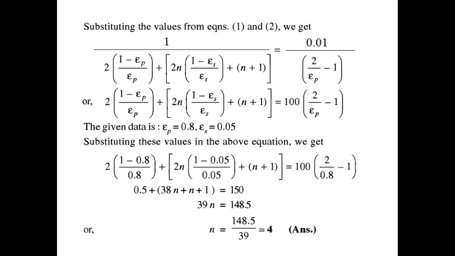If we multiply on both sides and reverse this, it becomes twice into 1 minus epsilon p equals 100 into this. Since epsilon p and epsilon s are given, if we substitute them, we get the number of shields n equals 4. So to achieve the 99% heat reduction, you require 4 shields.